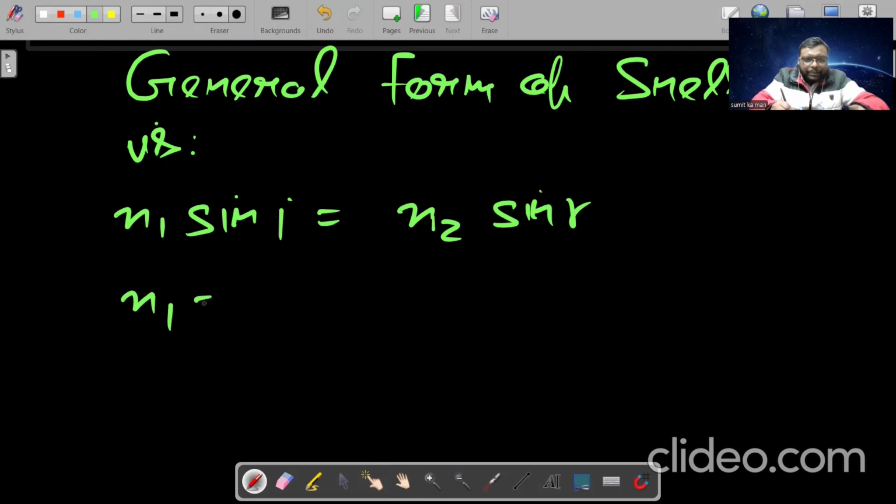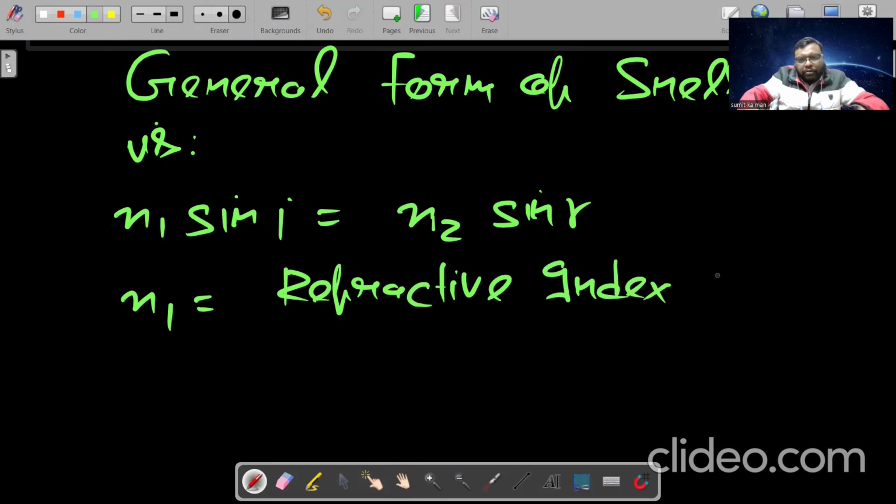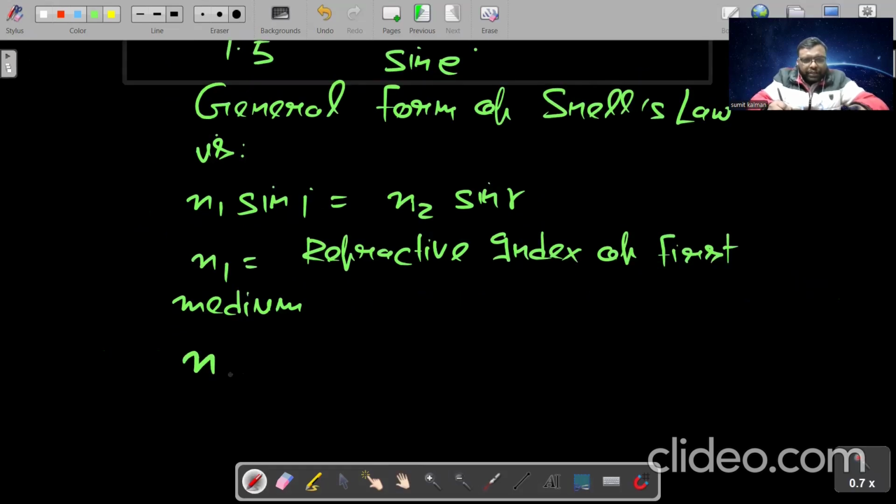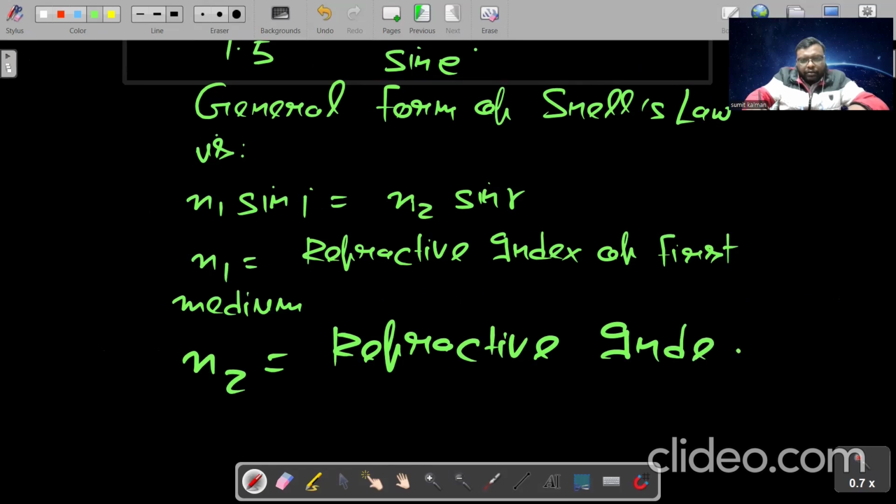Students, here n1 is refractive index of first medium and n2 is refractive index of second medium.